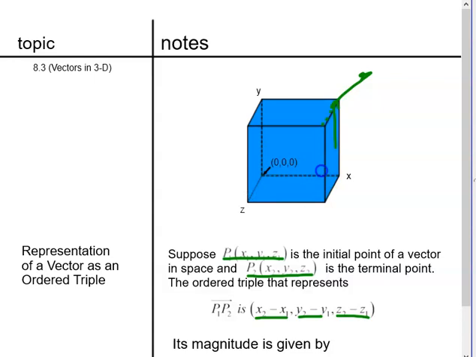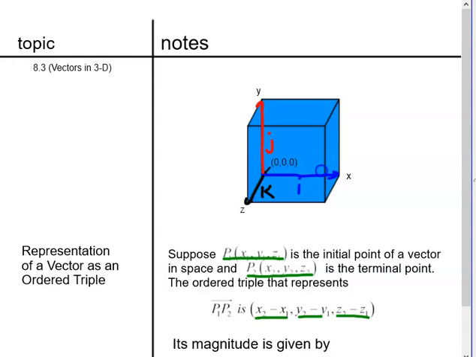Like we can go, if this were a 1 unit cube, this might be your I, this might be your J, and the last one is K. It would look like this.